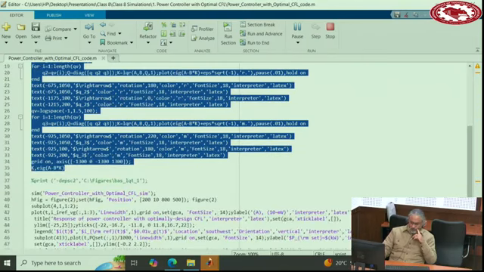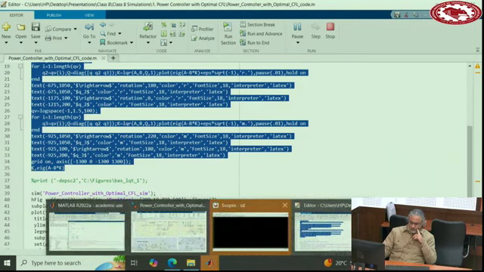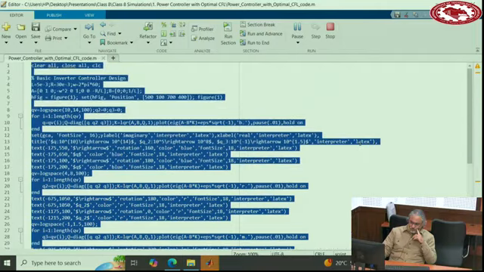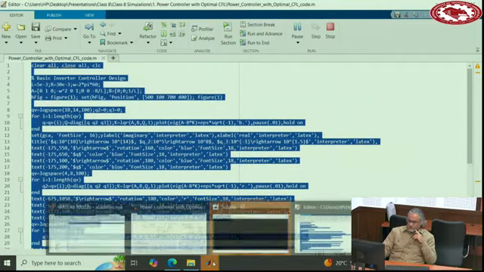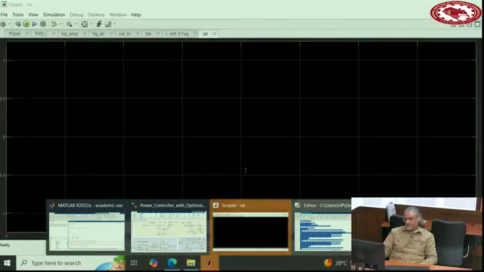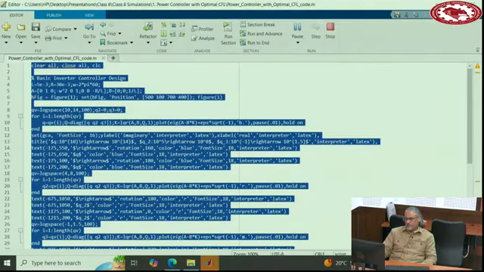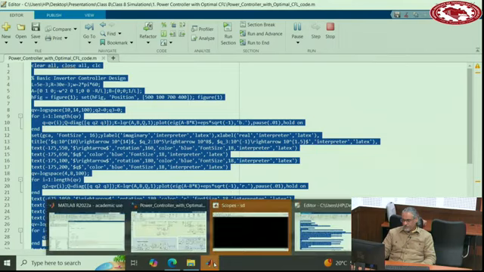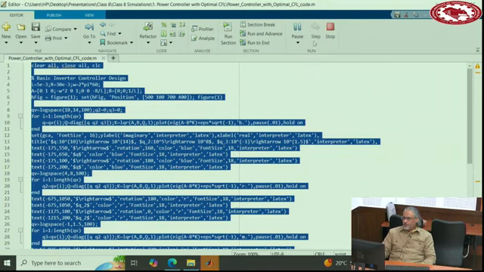Very simple and systematic. Yeah, it's supposedly running, but it's taking some time.